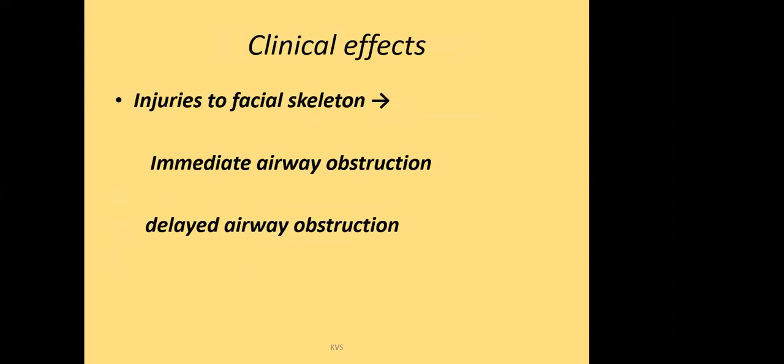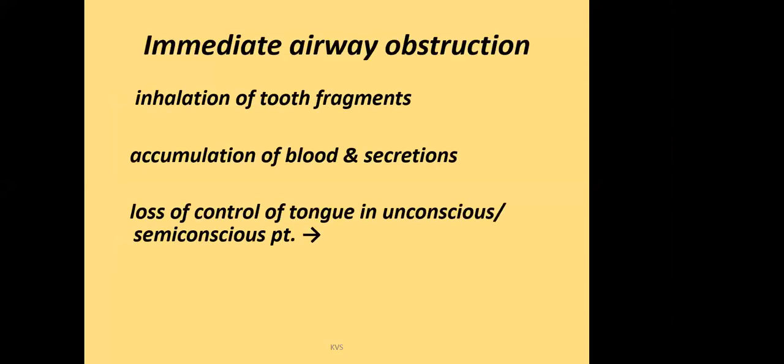The effects of injuries to the facial skeleton can be immediate or delayed. Immediate is immediate airway obstruction, and there can be delayed airway obstruction. So the immediate airway obstruction, what are the causes? I think I mentioned this before, maybe when I was teaching another class, first aid.